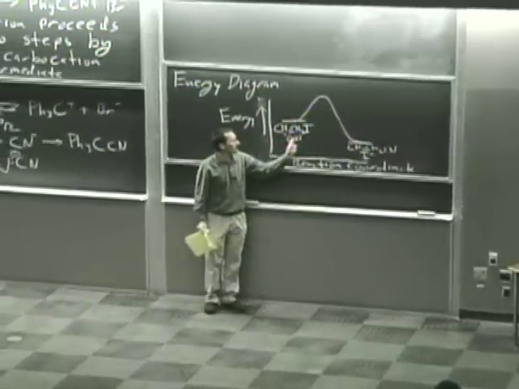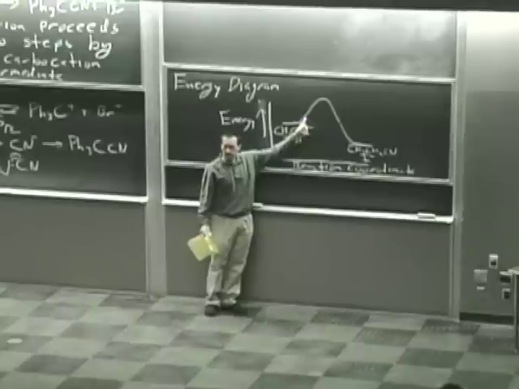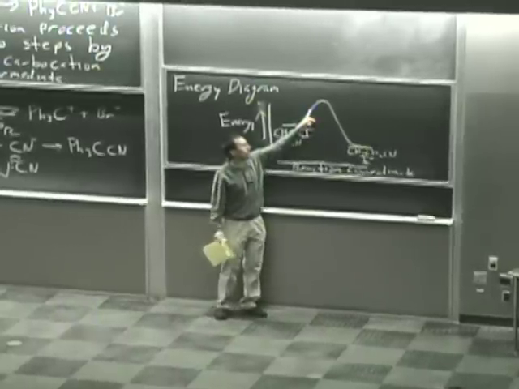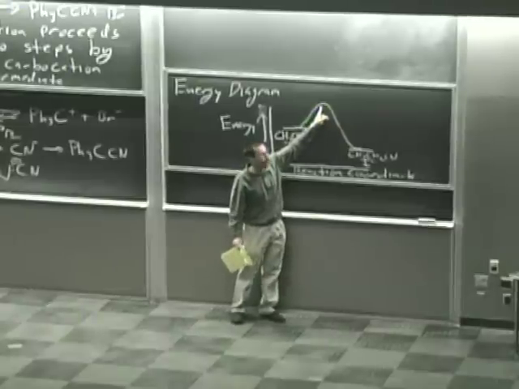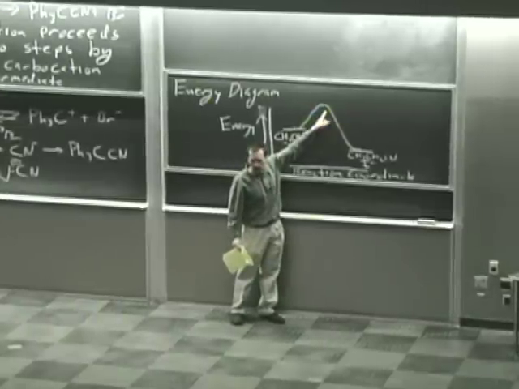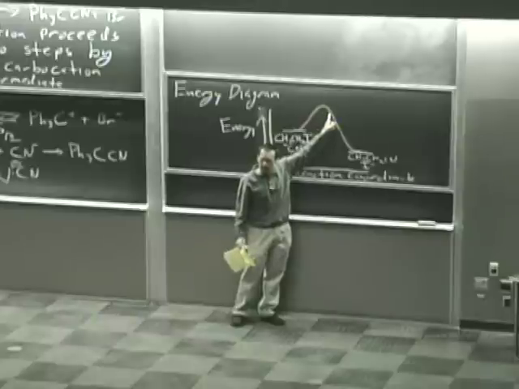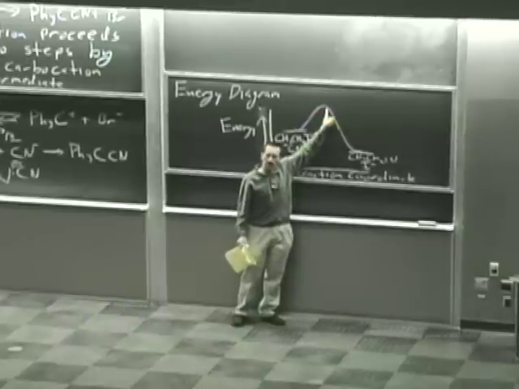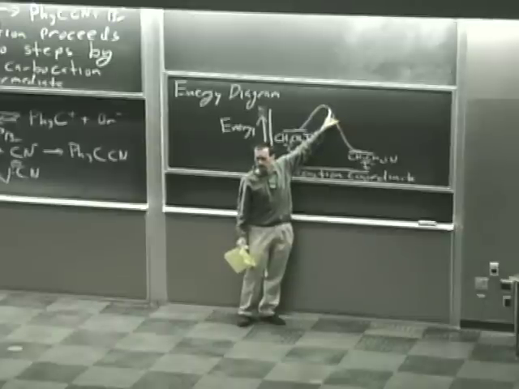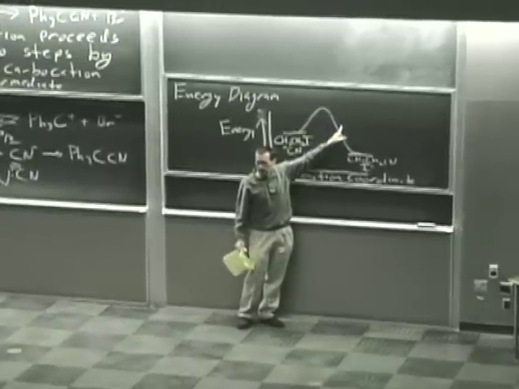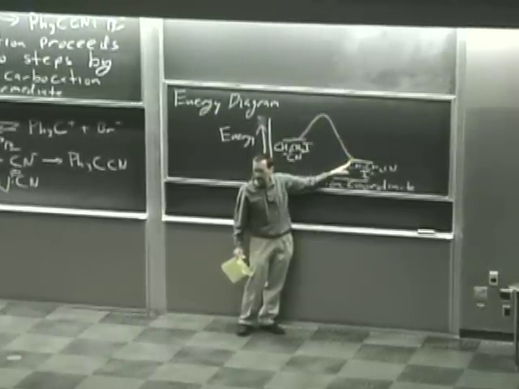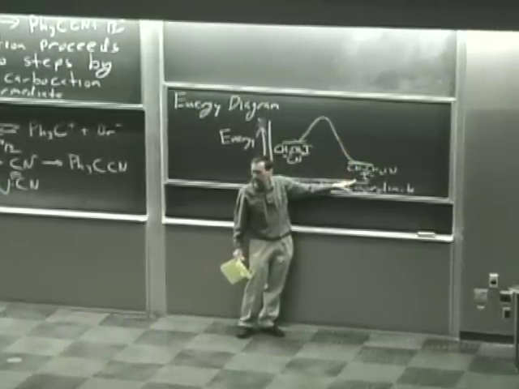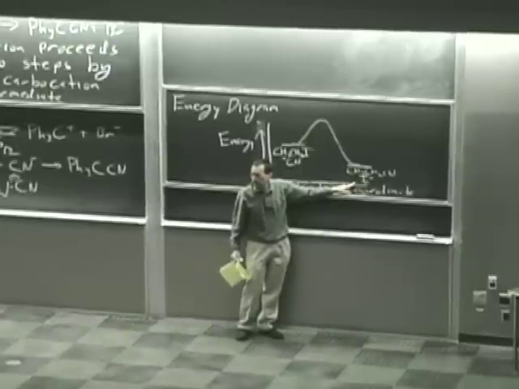So what's happening is the cyanide is getting closer and closer. The iodine is getting further and further away. As we proceed, at some point, we have a partial bond to iodine and a partial bond to cyanide. The iodide continues to leave, it goes further and further away. The cyanide gets in closer and closer until it's at the carbon-carbon bond.